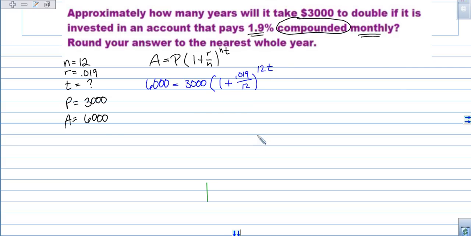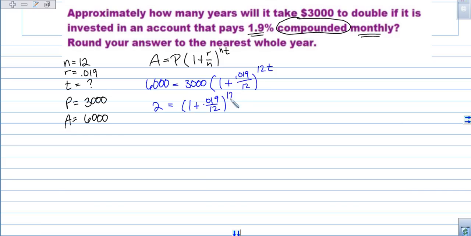Okay? Alright, so this is one that we're going to end up having to use a log to solve because we have a variable in the exponent. First, we'll go ahead and divide this over, and you'll get 2 equals 1 plus the 0.019 over 12 to the 12t.